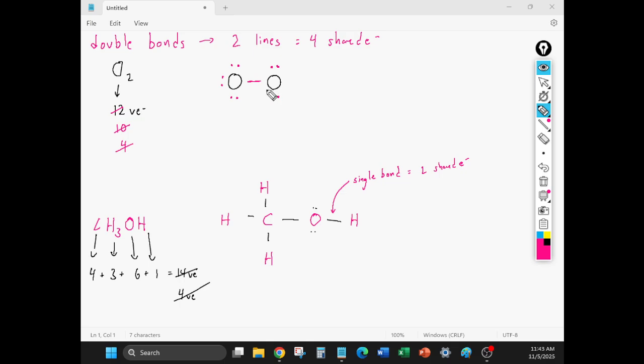Yeah, this one is not an octet. So this one's not happy, but this one is. So this is when we use a double bond. It's when you don't have enough electrons to give everyone an octet with just single bonds. So this oxygen has to give up these 2, and they have to be shared between the 2 oxygens. That's called a double bond right there.